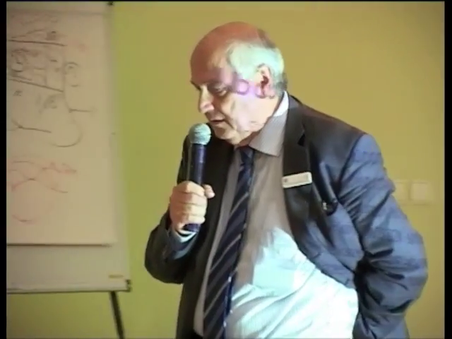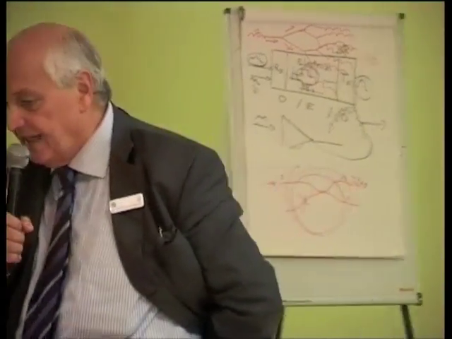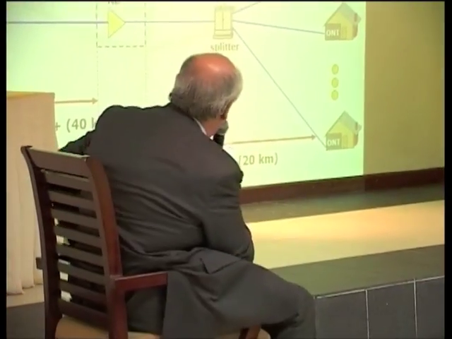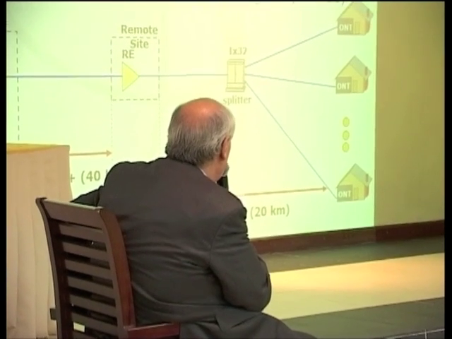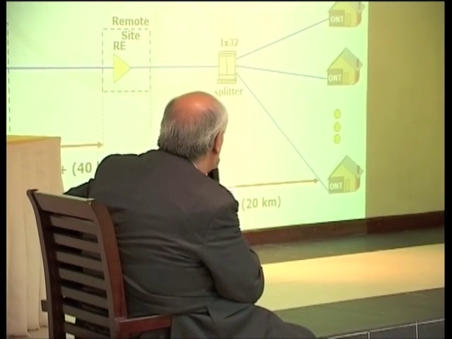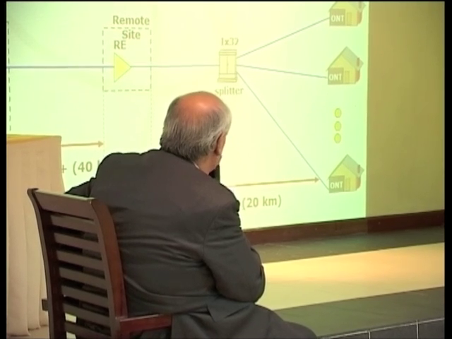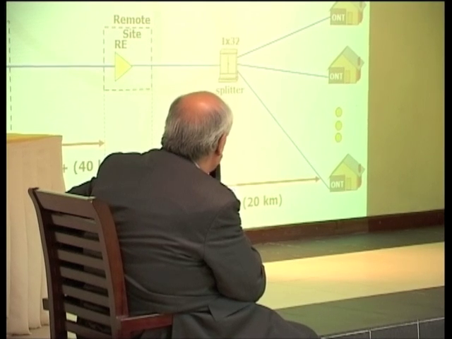As I was saying just before, PON stands for passive optical network, but we have an example in which we can insert a reach extender, which means we can put an active element in the fiber plant outside to have a longer reach, which means up to 60 kilometers.